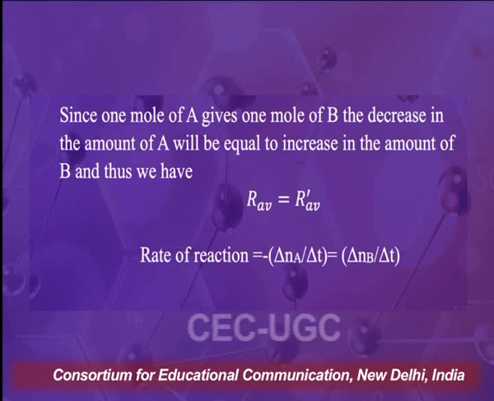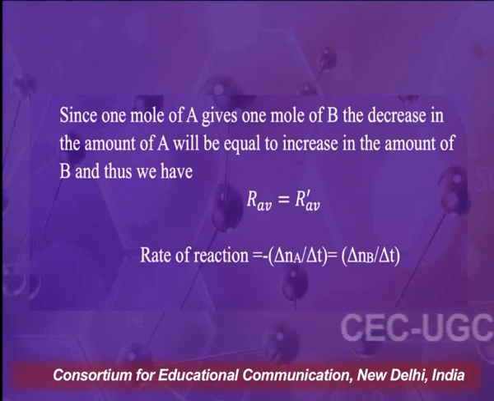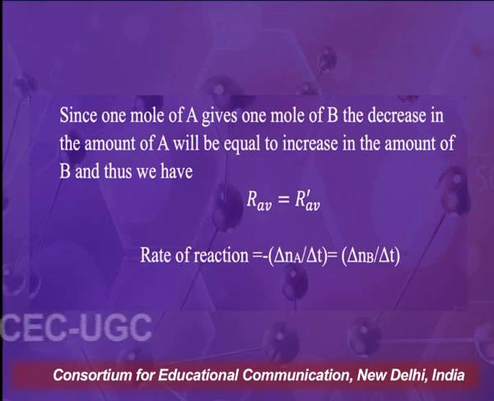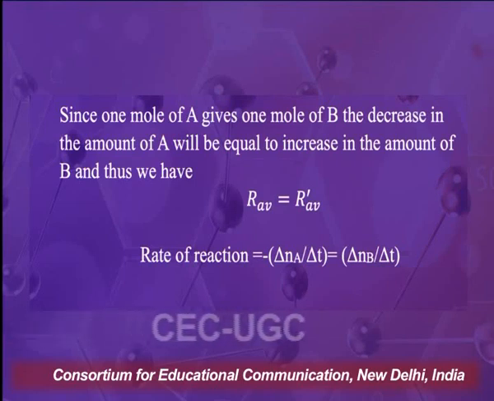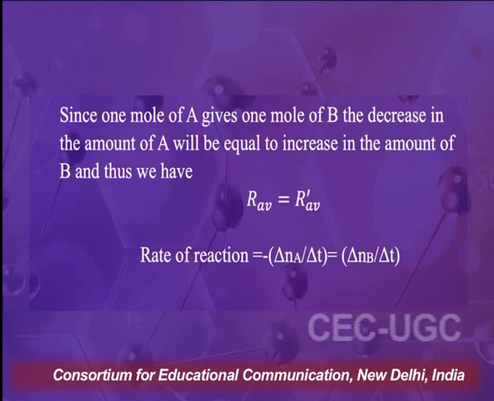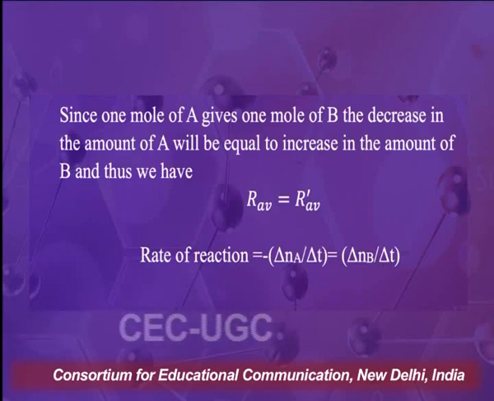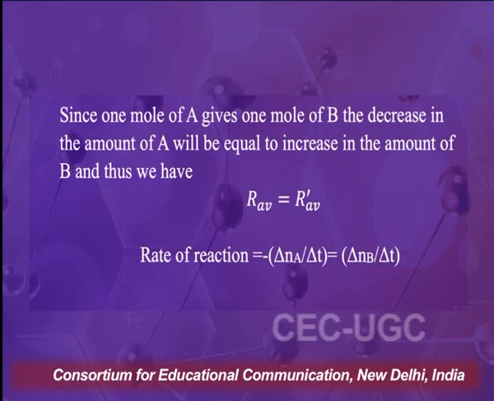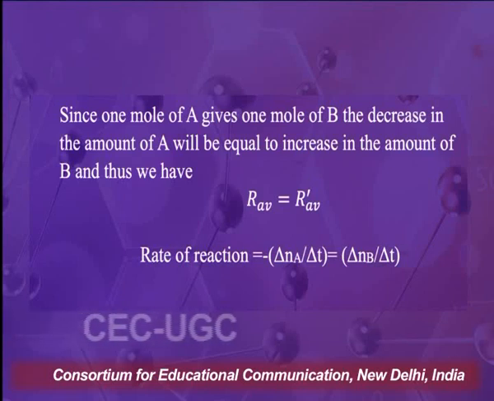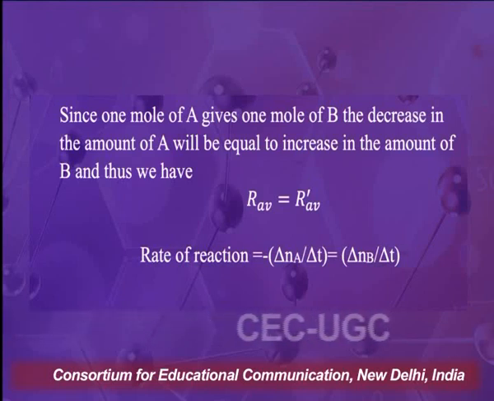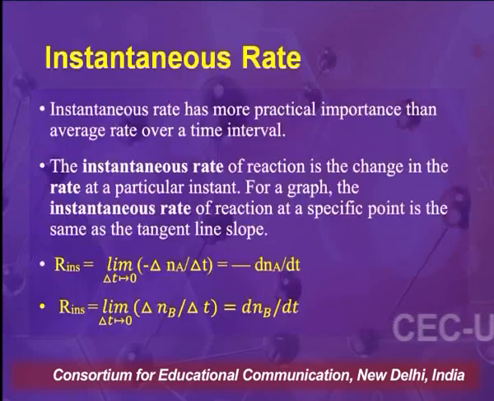Since 1 mole of A gives 1 mole of B, the decrease in the amount of A will be equal to the increase in the amount of B, and thus we can equate the two: R average is equal to R average dash. The rate of a reaction for A gives B can be written as minus delta nA by delta t is equal to delta nB by delta t.